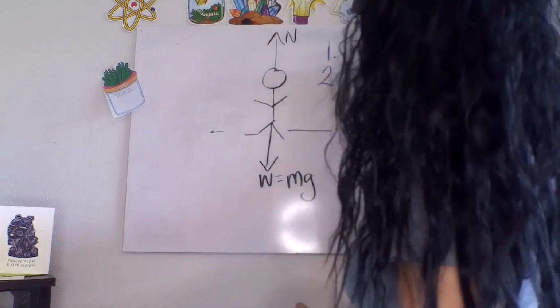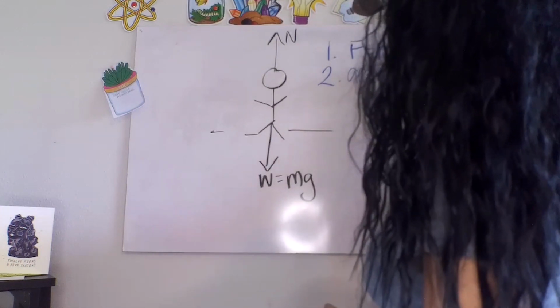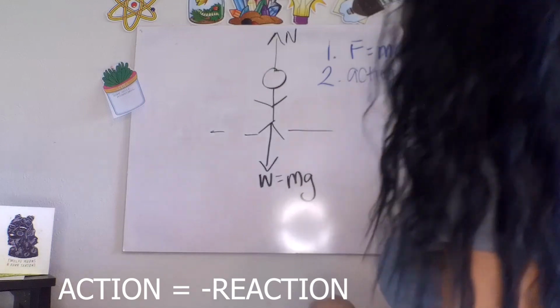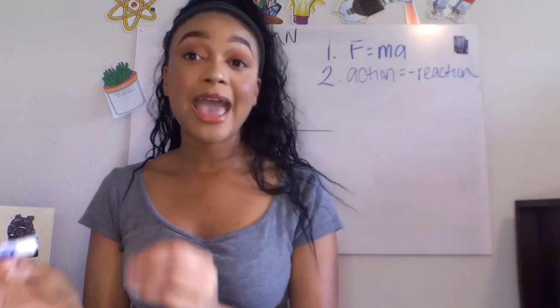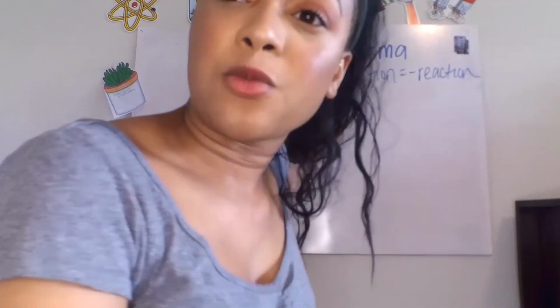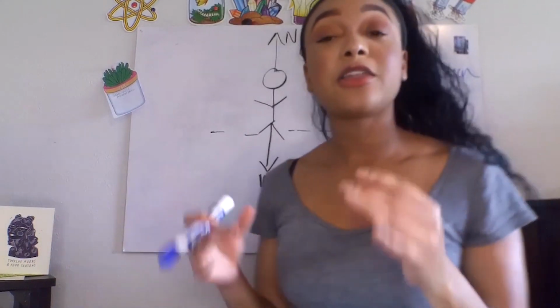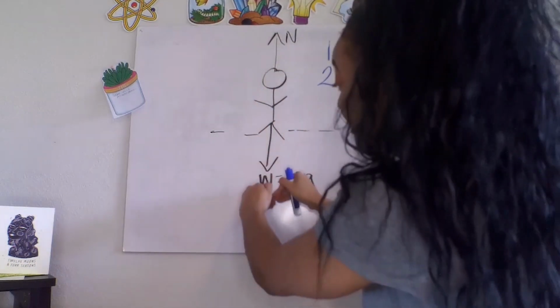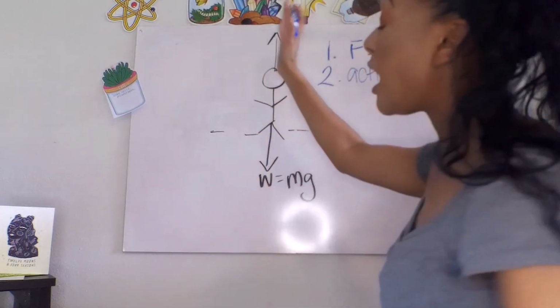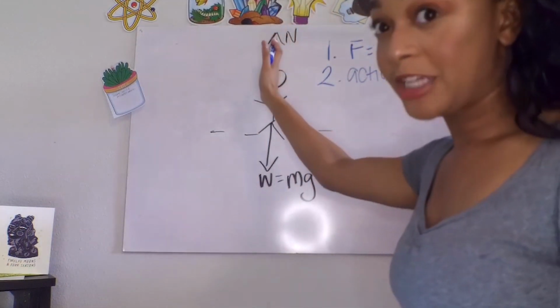Action equals negative reaction, meaning that with every force that is applied, there's an equal and opposite reaction. With me pushing on this wall right now, the reason I'm not falling through the wall is because the wall is pushing back on me the same amount that I am pushing onto the wall. The reason I'm not falling through the ground in this stick figure is because my weight is also being applied upwards in an opposite direction, known as normal force.